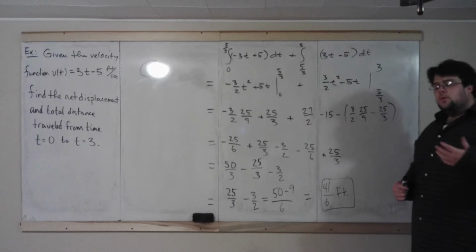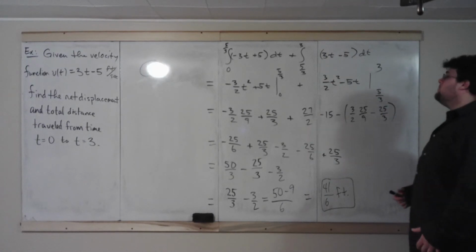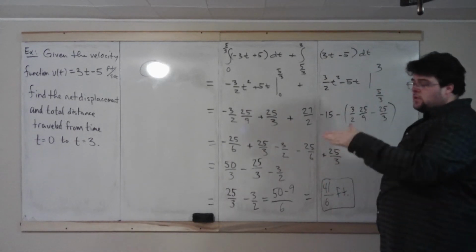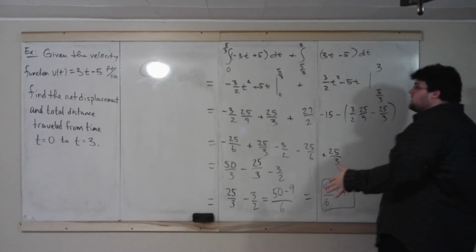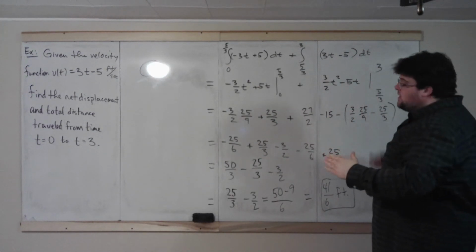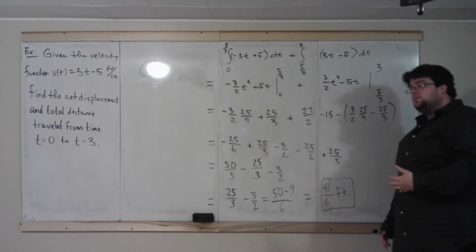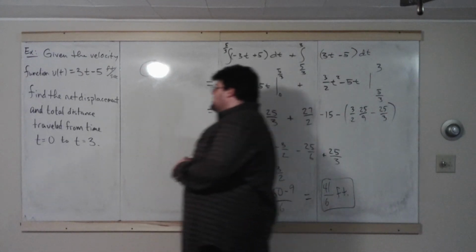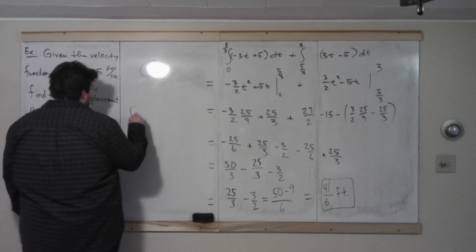But in integrating an absolute value, we found where the curve crossed the x-axis, and then we interpreted the absolute value. What's below is negative, what's above is positive. And with this example, I used a graph for the interpretation, but you didn't have to.